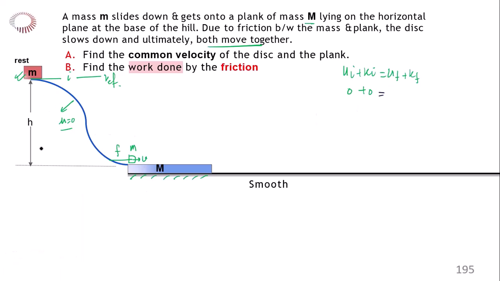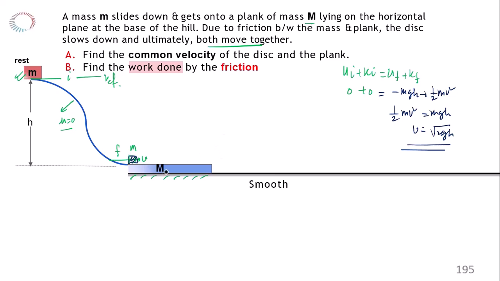Potential energy is minus mgh. And what is the kinetic energy? Kinetic energy is half m v square. So from that, I am getting half m v square equals mgh. And v equals under root 2gh. So this is the velocity with which the small mass m starts to move over the plank.